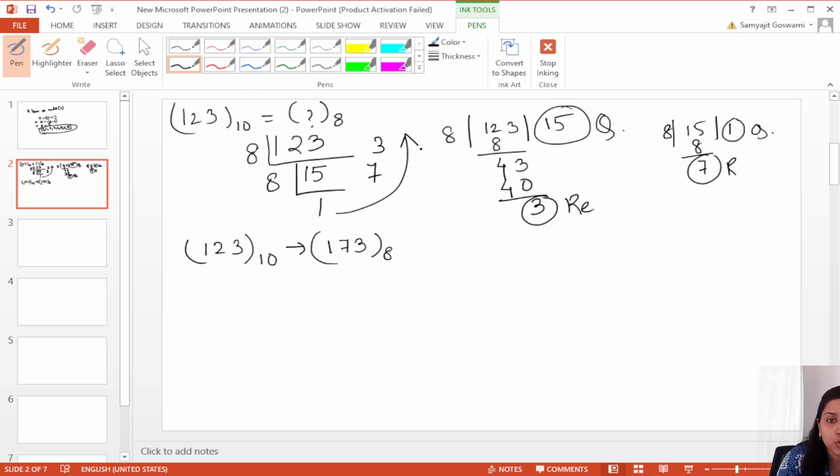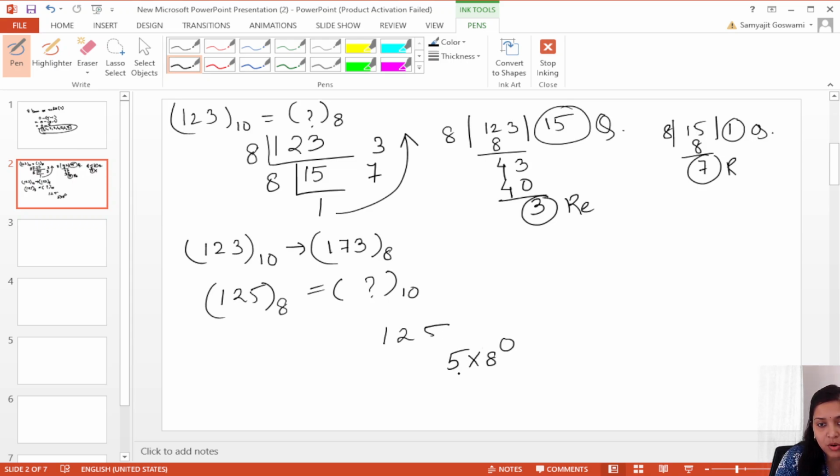If I choose an example like 125, this is an octal number, and you have to convert it into a decimal number. From the left hand side, 5 into 8 to the power 0, then 2 into 8 to the power 1, then plus 1 into 8 to the power 2.